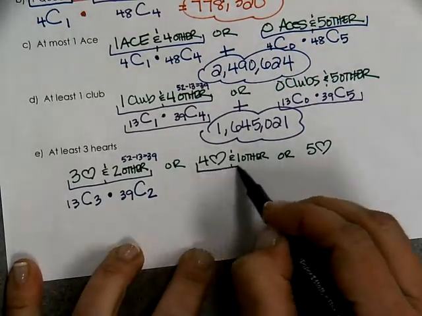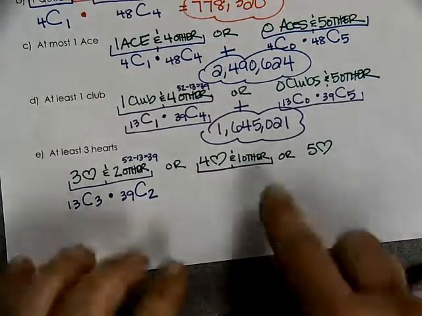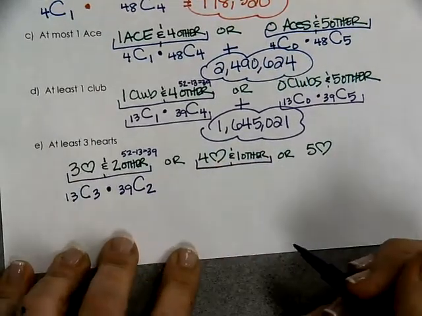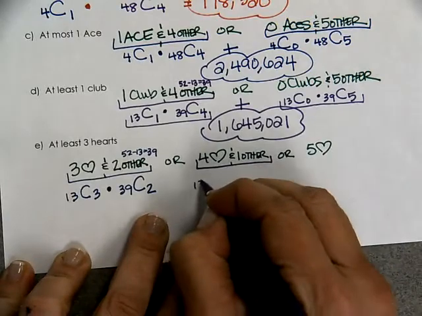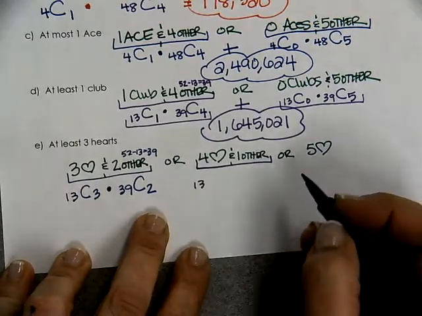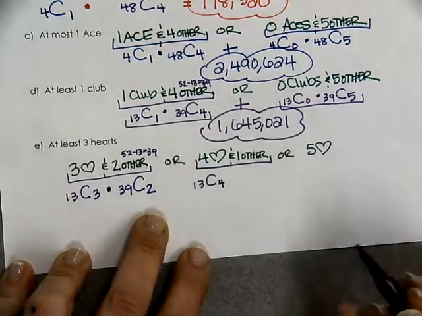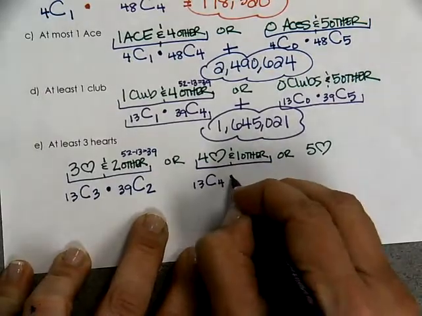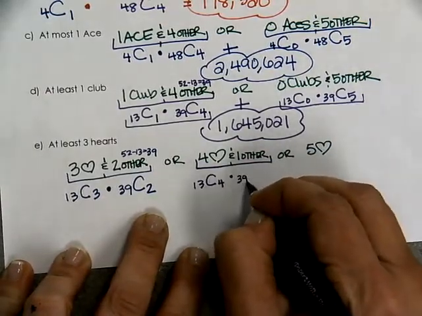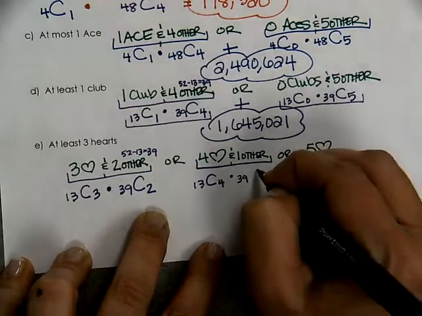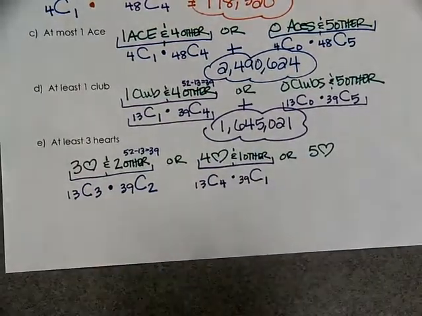Now we can look at the other possibility of having 4 hearts and then 1 other card. So again, there are 13 hearts. We want to pick 4 of them. And then if there are 13 hearts, remember there are 39 cards other than hearts, and we'll pick 1 of those.